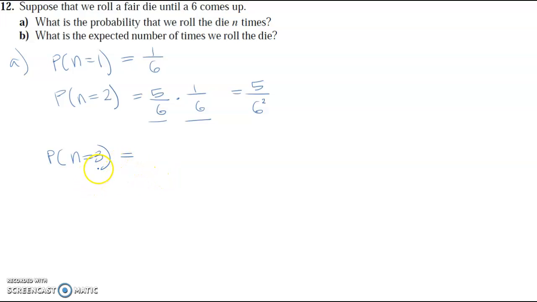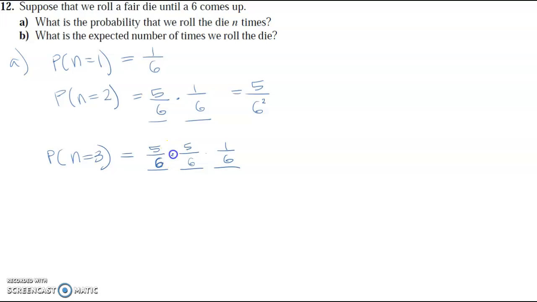Let's think about the case where n is 3 now. A 6 comes up on your third try after you roll the die 3 times. So we have 5 over 6, with 5 options, any number other than 6 rolled. Same thing here, any number except 6 should be rolled. And for the last roll, it should be only 6.